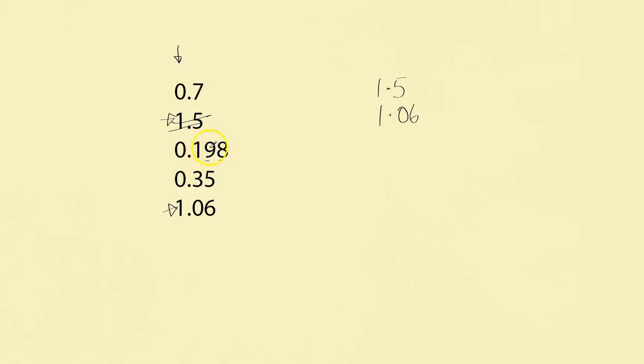They represent a smaller amount. This 7 is worth a lot, so 0.7. Okay, so we're down to the last 2. Which one is bigger? This only has 1 tenth, this has 3 tenths. So 0.35 is bigger than 0.198.